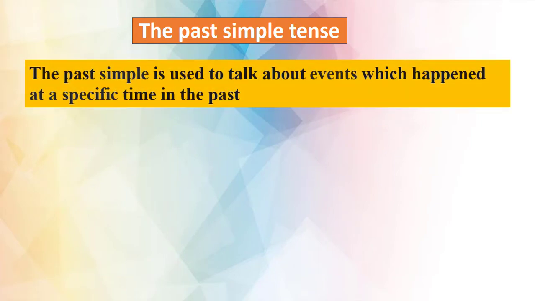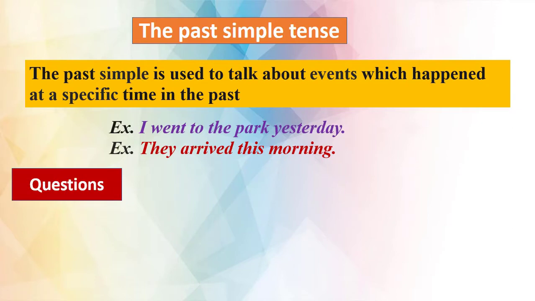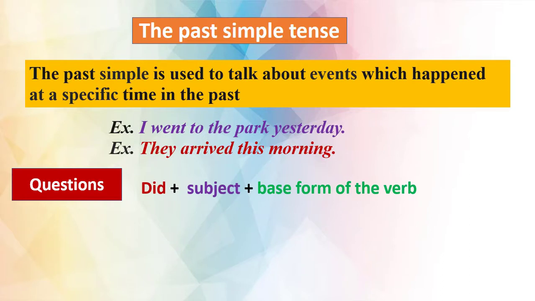The past simple is used to talk about events which happened at a specific time in the past. For example, I went to the park yesterday. They arrived this morning. To make a question in the past simple, we use did plus subject plus base form of the verb.